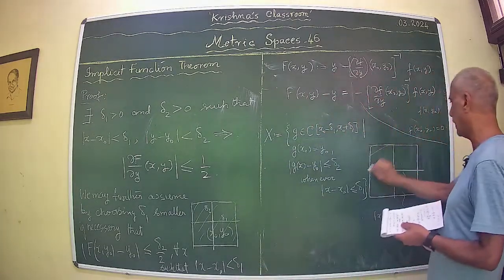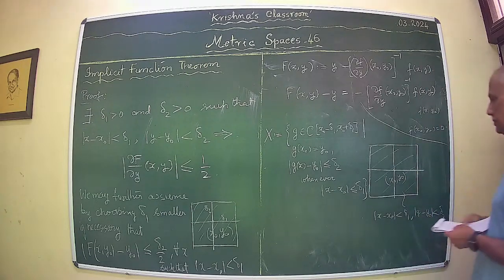So this is the rectangle on which this particular property is satisfied.